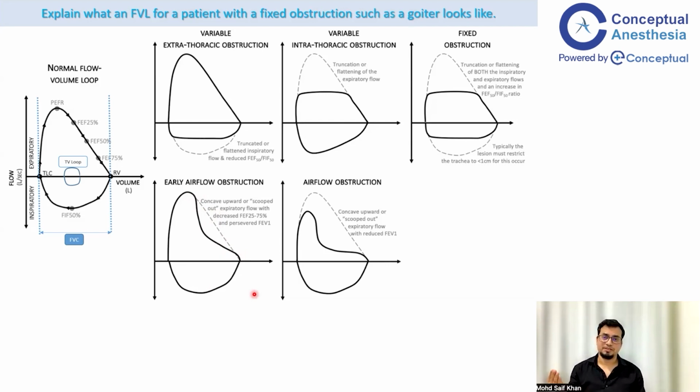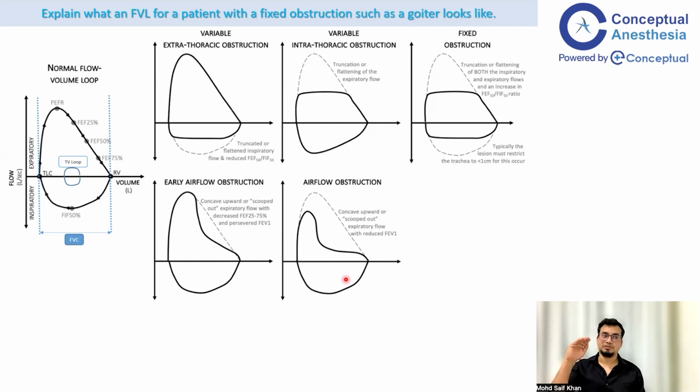In later stage, the inspiratory flow also can decrease, so that we are not going to discuss much. Just remember simply that in early stage, peak expiratory flow rate will be diminished just 10 to 20%, not much. But the appearance will be scooped out in the descending limb of the expiratory flow. Now, in case of severe COPD, what will happen?